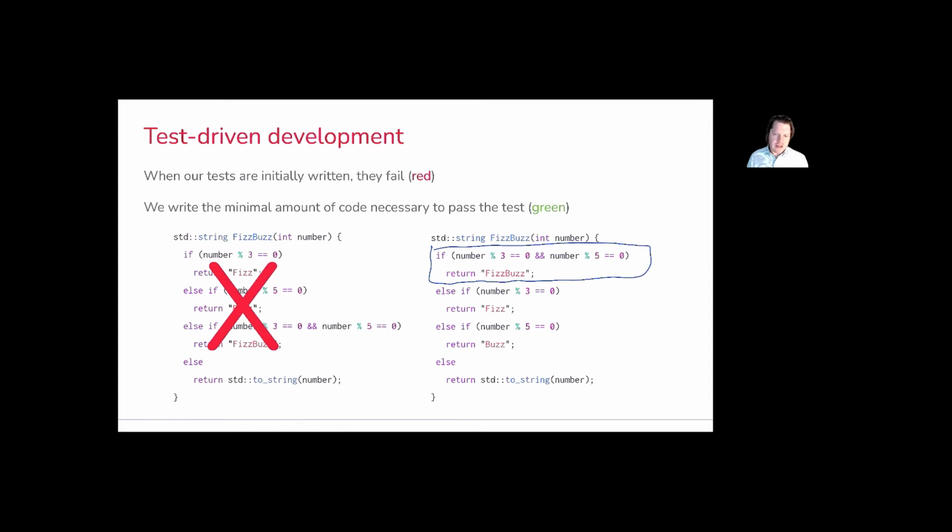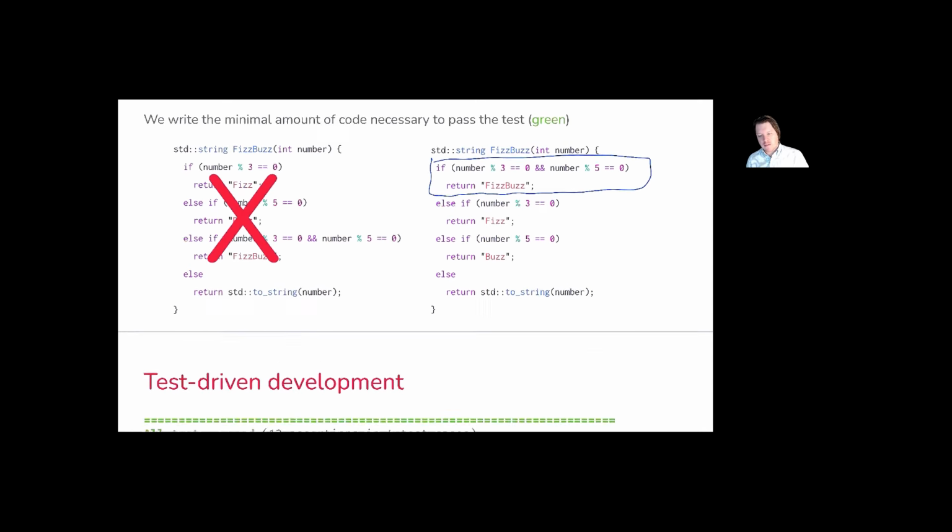The problem with our first version of this code is that, well, if the number was either divisible by 3 or 5, we'd return fizz or buzz. We would never get to the condition where we checked whether or not it was divisible by both. By moving this condition up front, we can see that we indeed checked that one before looking to see whether or not it is divisible by one or the other.